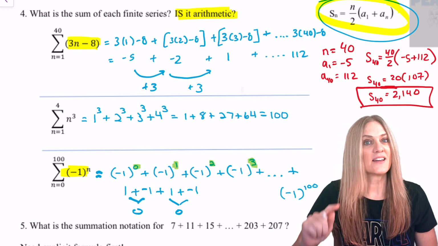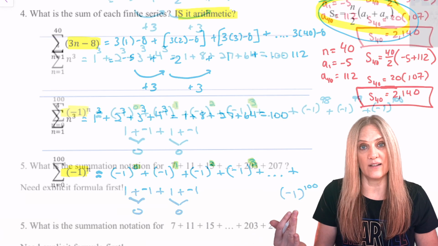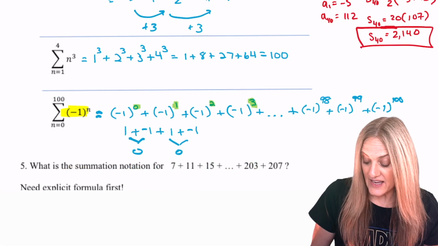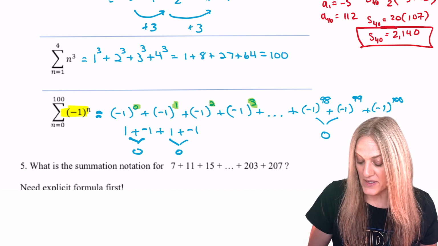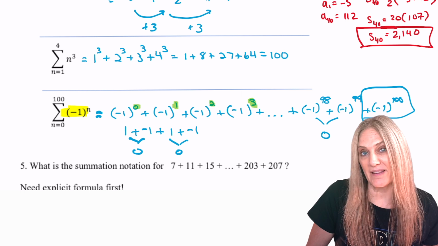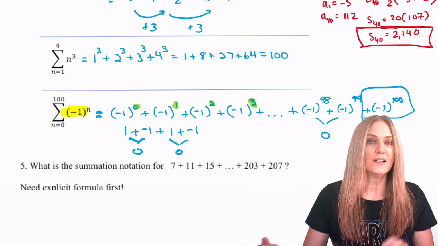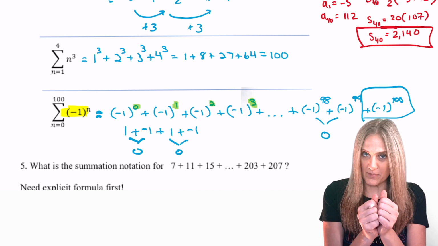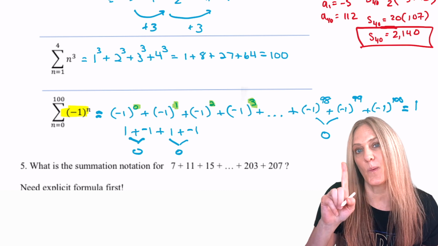That means -1 to the 100th power is an extra. So following that pattern, -1 to the 98th and -1 to the 99th would add to be a 0, and -1 to the 100 would be left over. Well, -1 raised to the 100th power, -1 times -1 makes a +1, and so on. The final answer is 1.